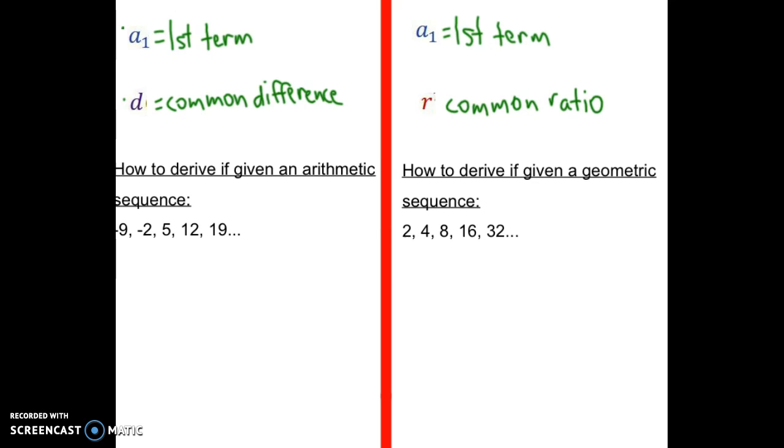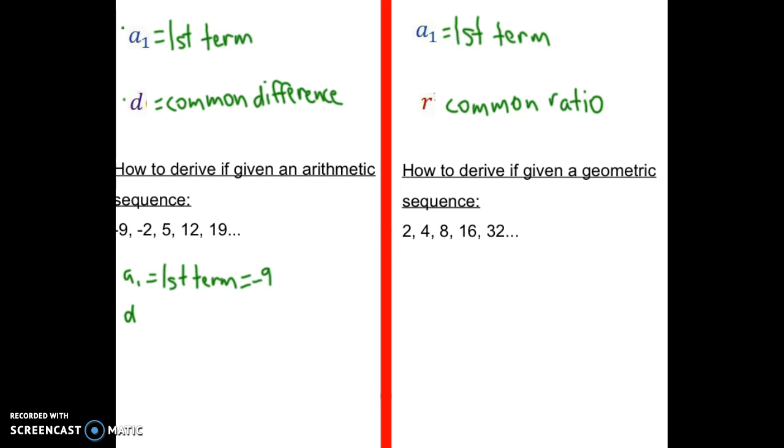If I were to think about this sequence, I would have to come up with two pieces of information. Like I said earlier, a sub 1 changes and d changes. A sub 1, remember, is the first term, and it's going to be different for every sequence. The first term in this case is -9.